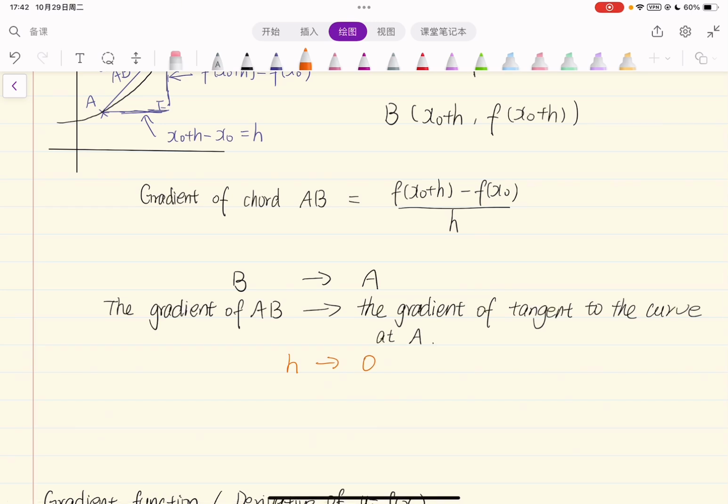So we can take the limit of this expression as h tends to 0.